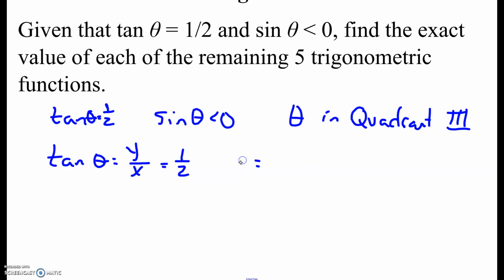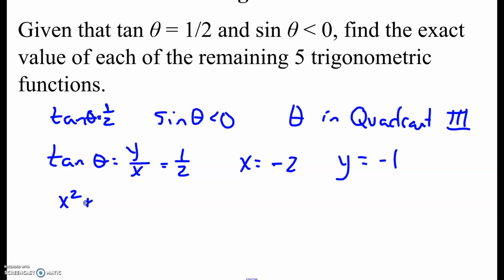And if we're in the third quadrant, x and y are both negative. So we would have x of -2, y of -1. And then we can figure out what the radius of our circle is.